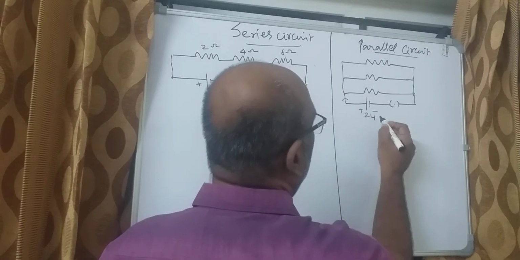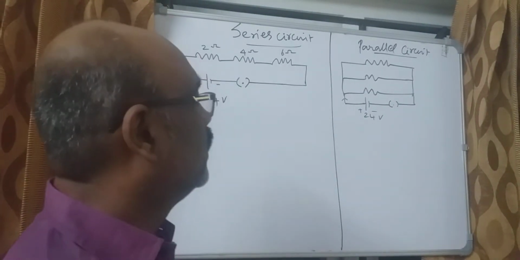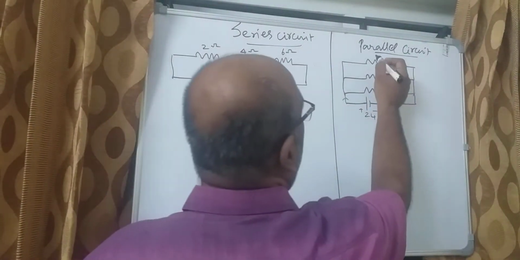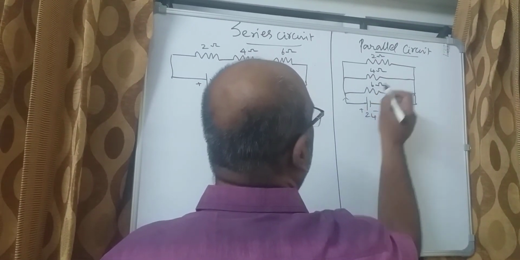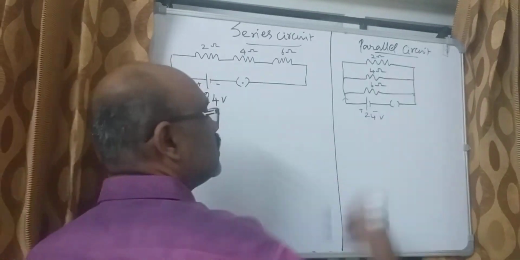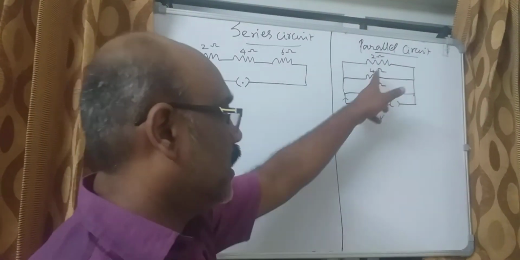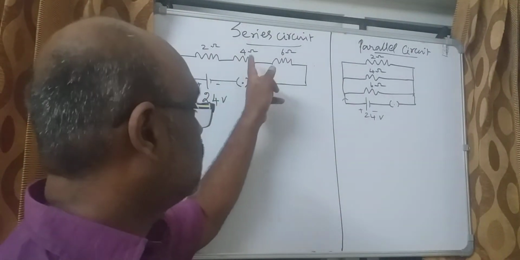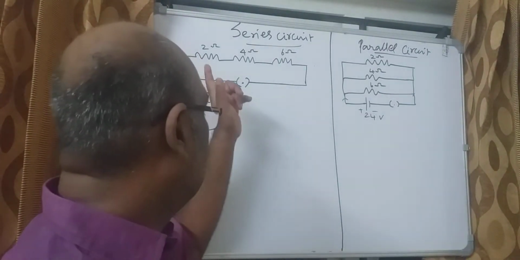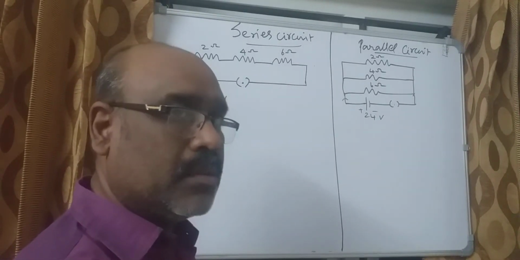The same 24 volt let me give, and this circuit also let it be 2 ohm, 4 ohm and 6 ohm. So these 3 resistances are connected here parallel to each other, whereas here the 3 resistances are connected in series to the circuit.